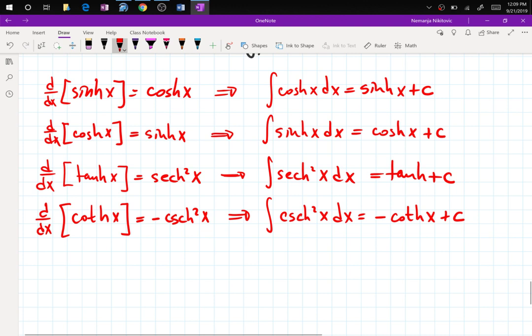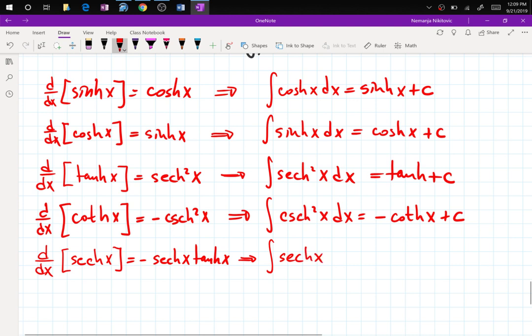Final two: the derivative of secant hyperbolic x is negative secant hyperbolic x tangent hyperbolic x. This is the one that did not have a negative in trig, but it has it now. And the integral of secant hyperbolic x tangent hyperbolic x dx is negative secant hyperbolic x plus c.